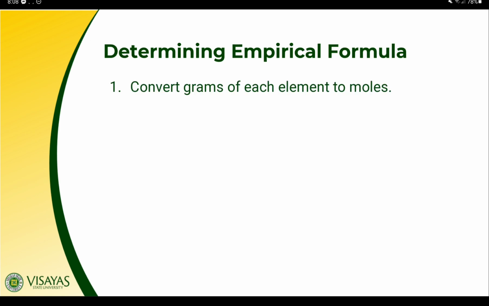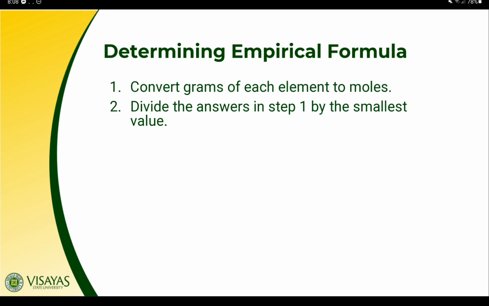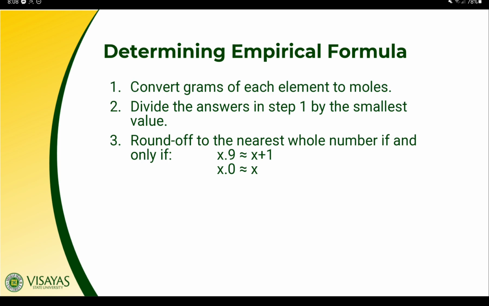How do we determine empirical formulas? First, we convert grams of each element to moles. So if you are given grams, you have to convert that to moles. Then divide the answer. So the moles we have computed in step 1 will be divided by the smallest value. And then we round off to the nearest whole number if and only if the number has 0.9.